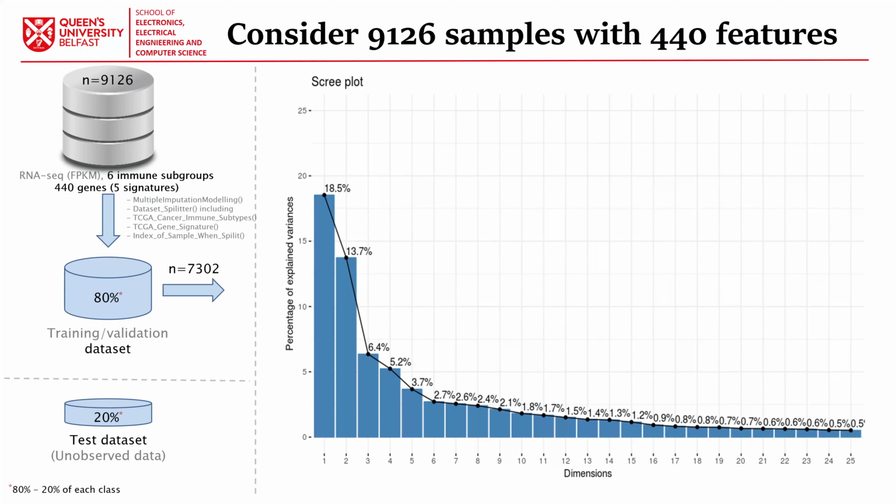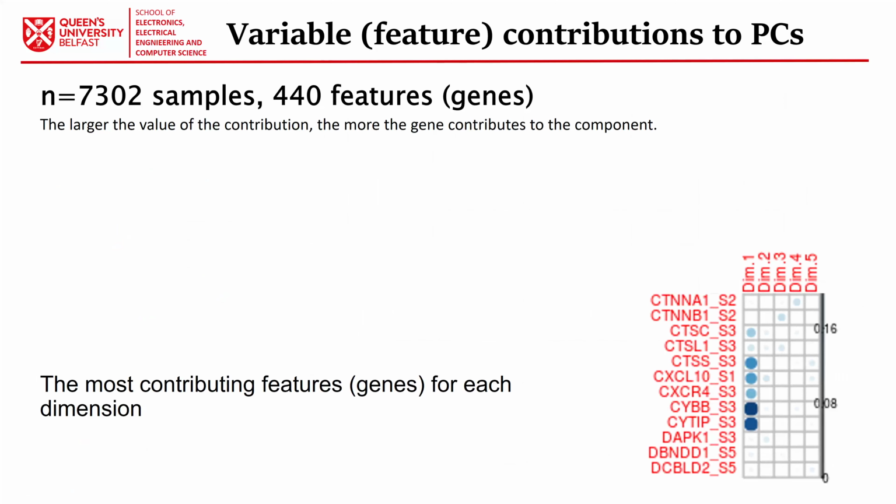More importantly, when you're going to use this result, you have to properly interpret and communicate with these images. And by interpretation, it means getting some inference, some new insight based on the analysis. Okay? So again, this is for 7,302, 80% of the original data set, and 440 features or genes, as you may be familiar with the signature group and its genes.